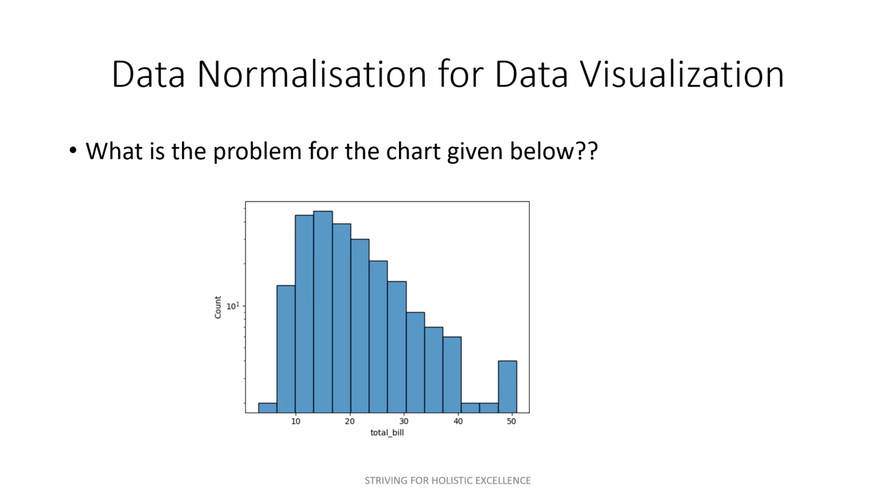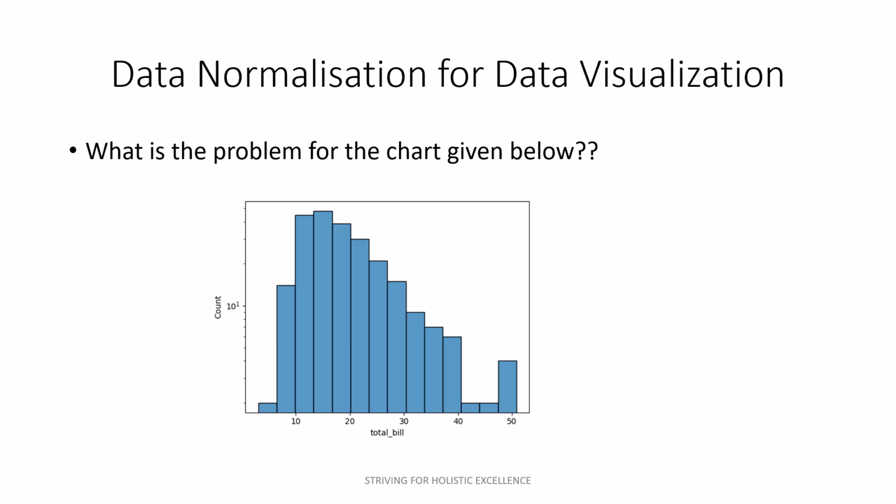Now let us go to the sixth data visualization technique, that is data normalization. So what is the problem for the given graph? Can you find some drawbacks of this graph, where the x-axis contains the total bill value and the y-axis contains the corresponding count of those bill values?